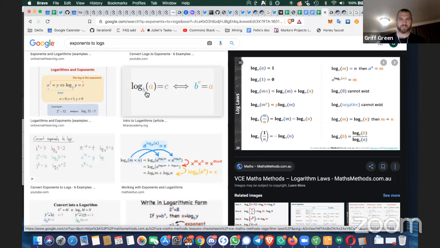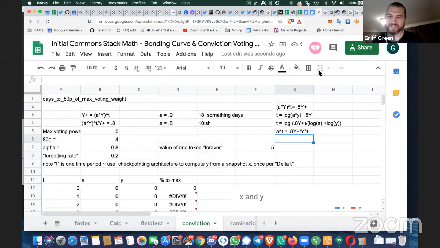But we want b. We want to solve for b. So, oh, we just have to take a root, 1 over root. That's a totally different game. No logs.